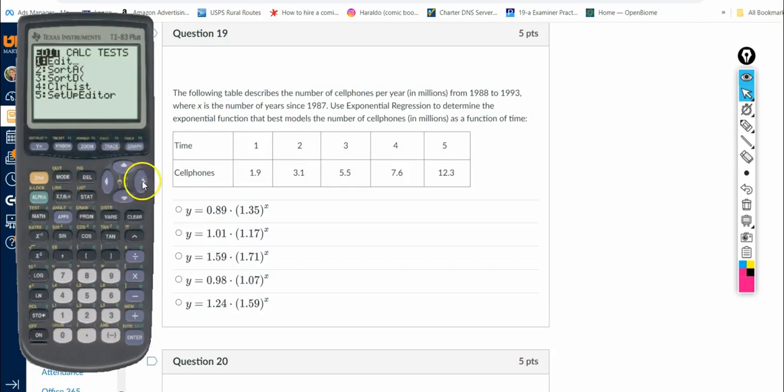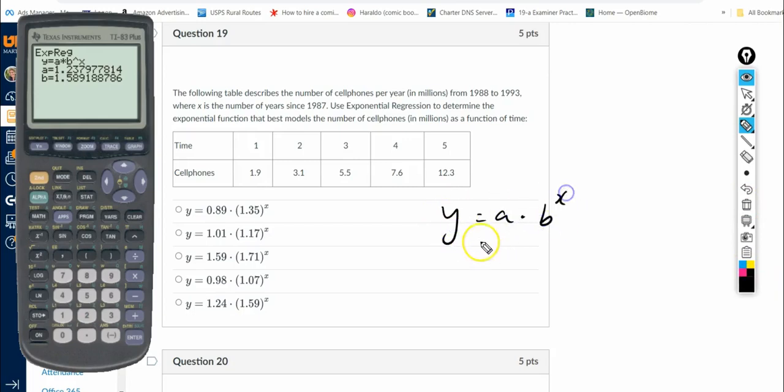Then I'm going to press Stat, Calc, and it says use exponential regression. There it is. And I'm going to use list 1 comma, and list 2 for my y. List 1 for x, list 2 for y. So that tells me, now these are all taken to 2 places, y is equal to a times b to the x.